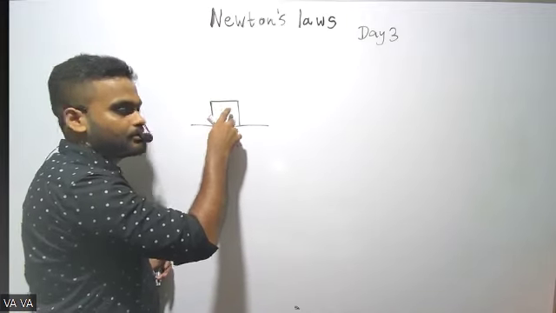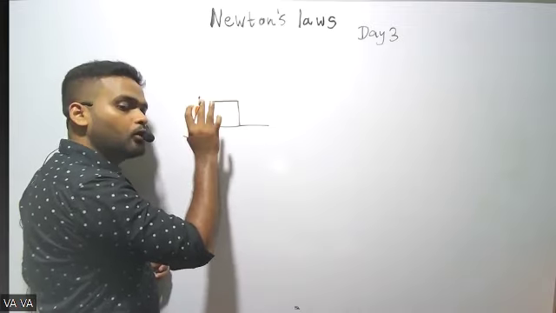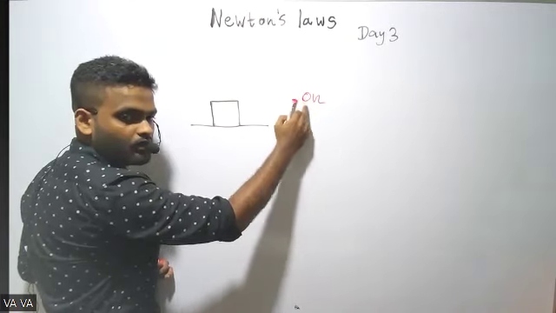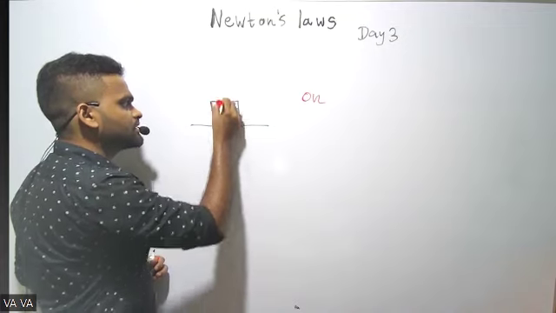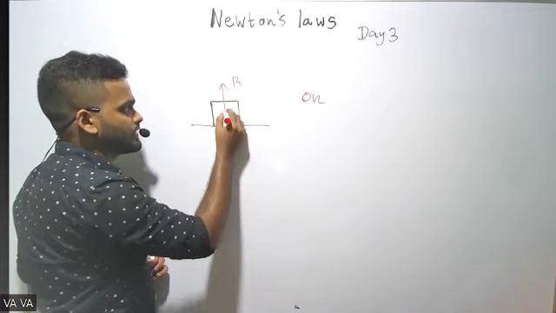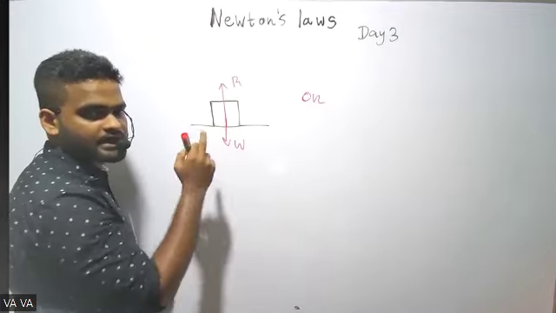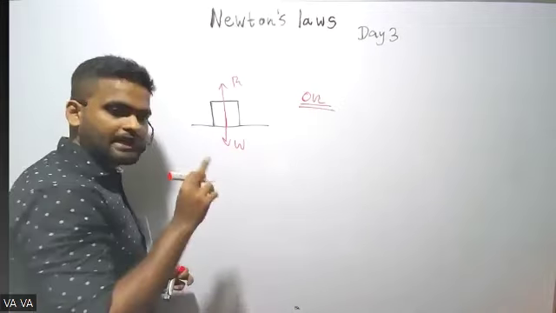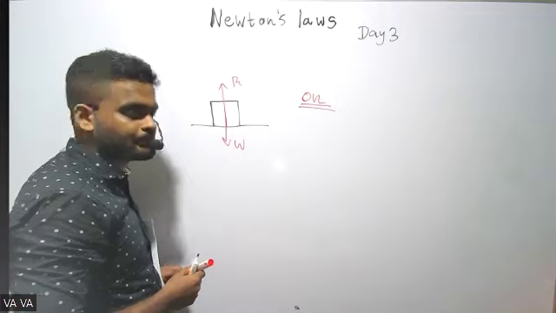They ask free body diagram for the box. So you have to include all the forces acting on the box. So we know normal reaction force is acting on the box and the weight of the box. So those two forces are acting on the box, right? So that is what we draw when they ask you to draw free body diagram.